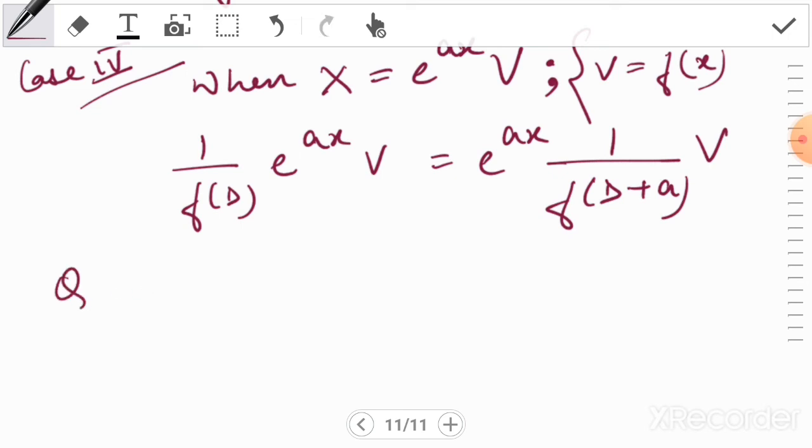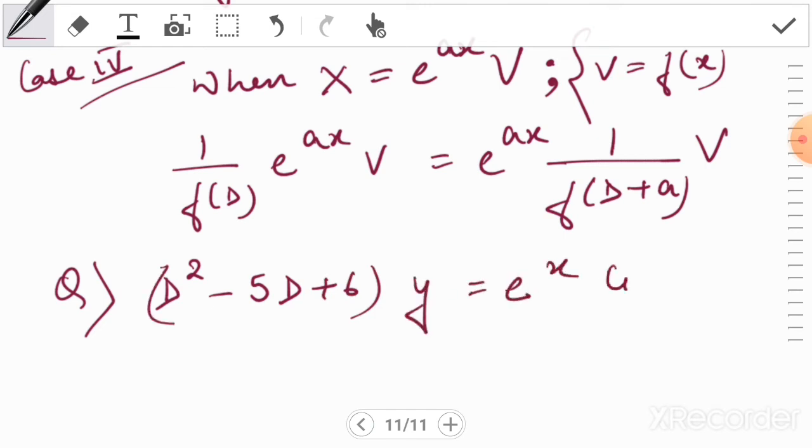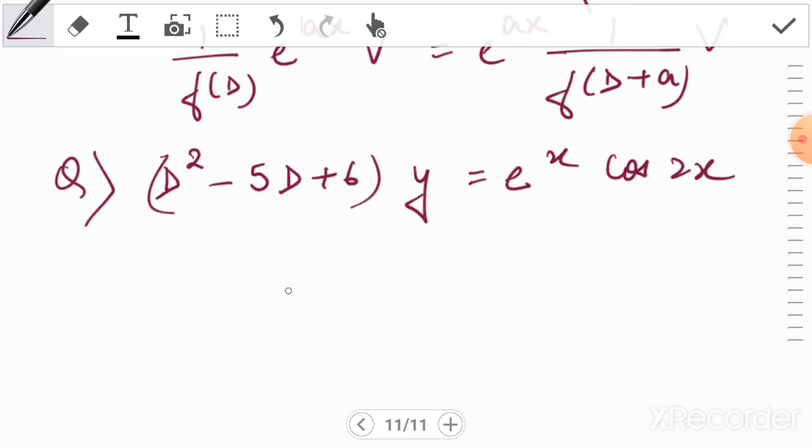So let us solve one example. So if we have D square minus 5D plus 6 y is equal to e raised to the power x cos 2x. Okay. So here the complementary function is, D square minus 5D plus 6 can be written as D minus 2 into D minus 3 is equal to 0.